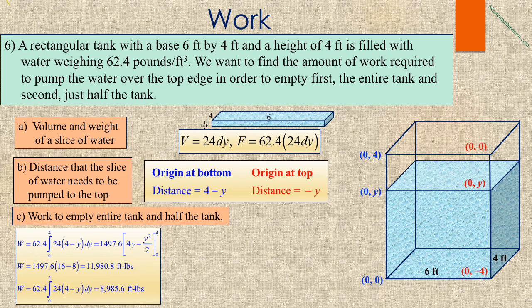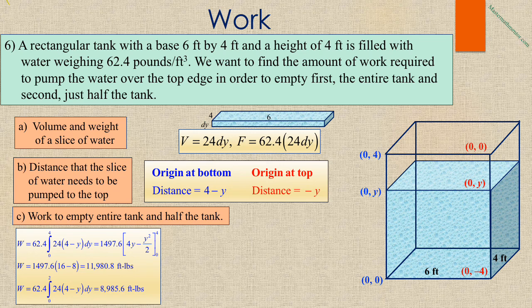And we integrate that from 0 to 4. We get 1,497.6 times the expression 4y minus y squared over 2 from 0 to 4, and we end up with 11,980.8 foot-pounds.